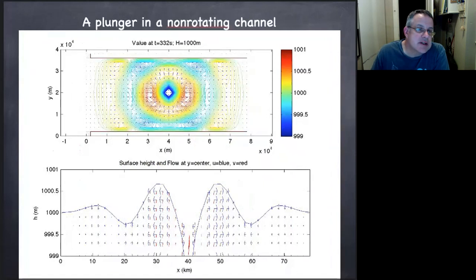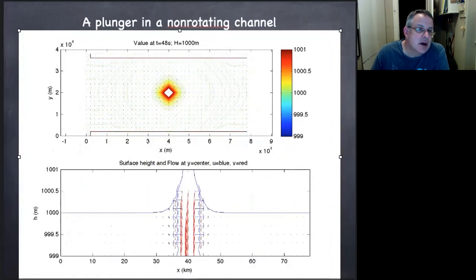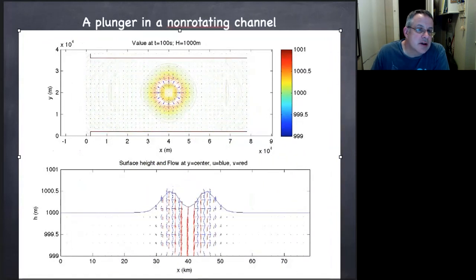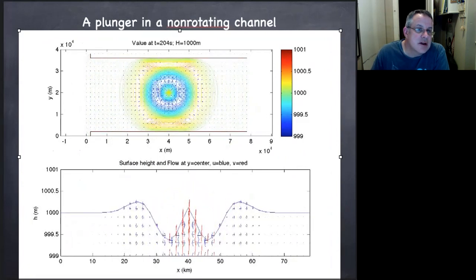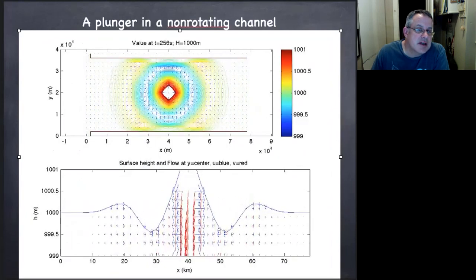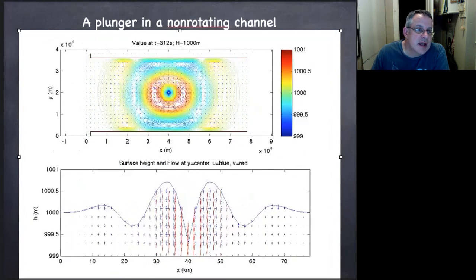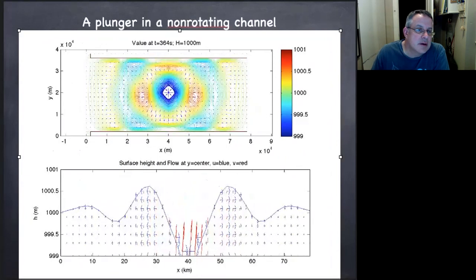What happens if we do the same thing in a channel? Well, we got kind of circular patterns to begin with, but then when they hit the walls, they start spreading out like this, and eventually they become kind of linear as they get far enough away, like this.